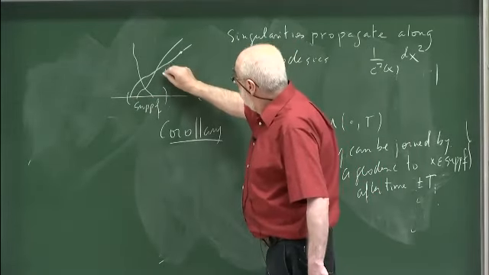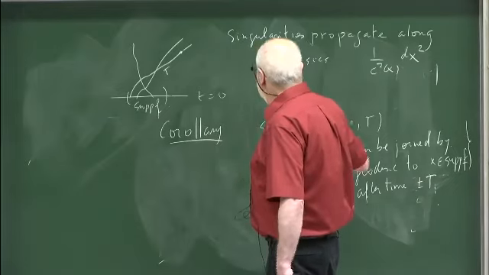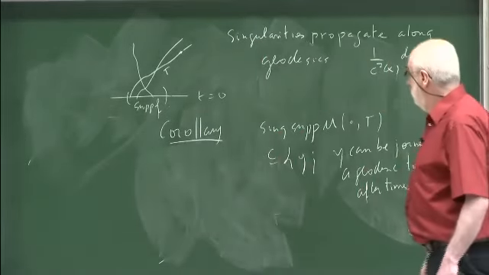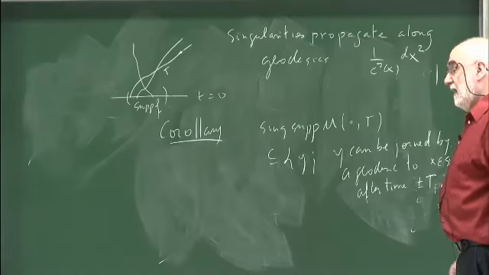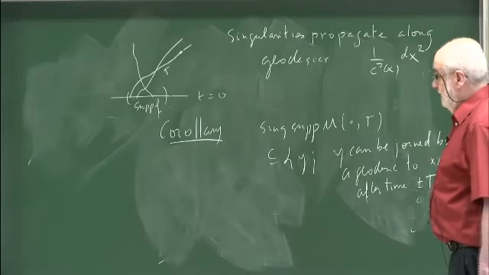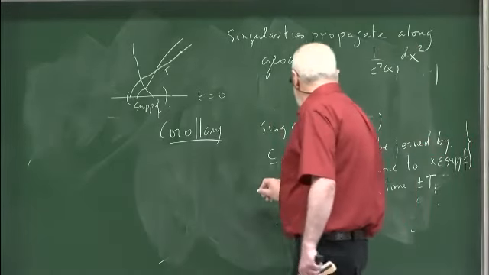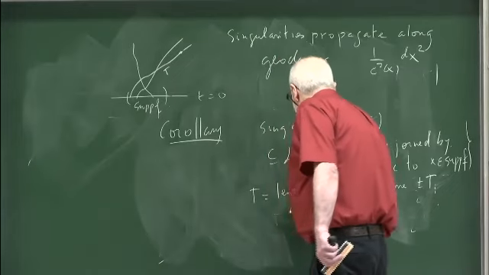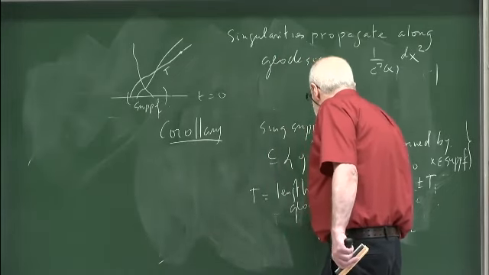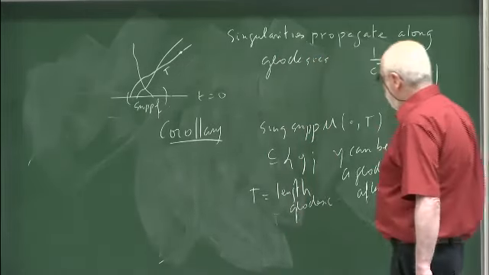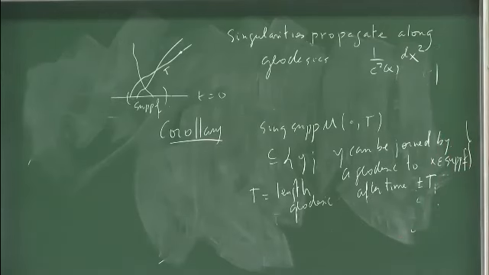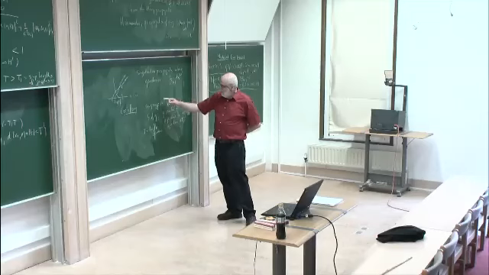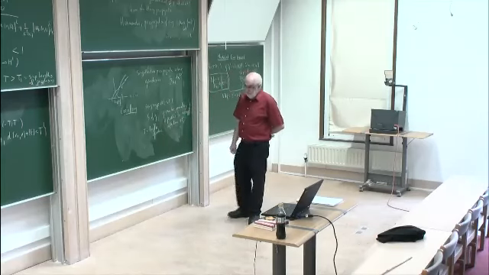And the time corresponds to the length of the geodesics, because you can parameterize geodesics by arc length. So time is distance. So this t corresponds to the length of the geodesic. The theorem is much sharper than this and much more precise, but I don't have time to say it, but this is enough for what I'm going to say.